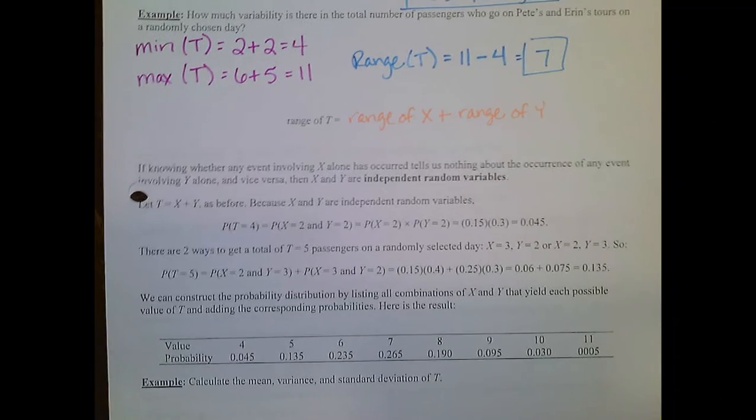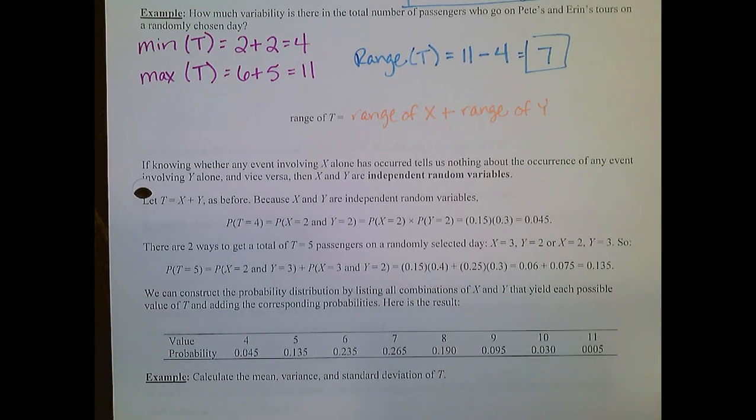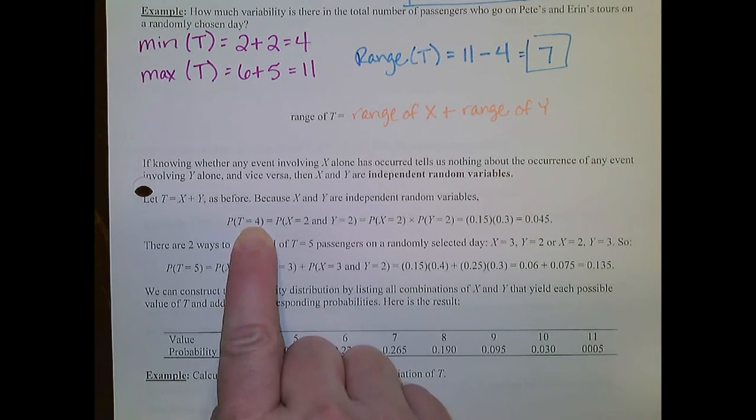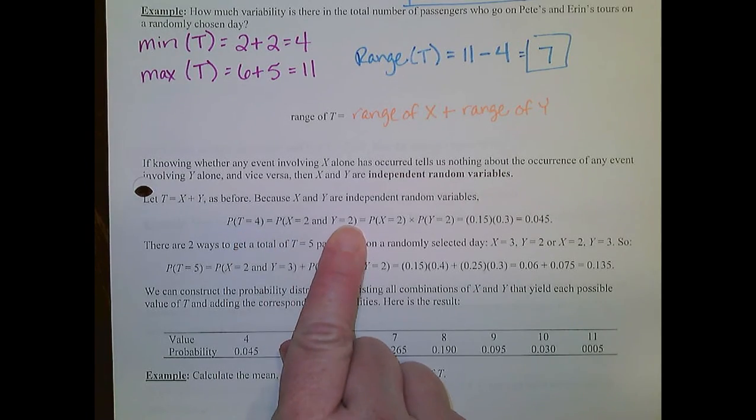So for example, the probability that T equals 4, that the total for both of them would be 4 passengers. Well, there's only one way that that could occur. The only way we could have exactly 4 passengers total is if both Aaron and Pete have their minimum number of passengers for that day. So the only way we could have a value of 4 for our total T would be if both X and Y were equal to 2.